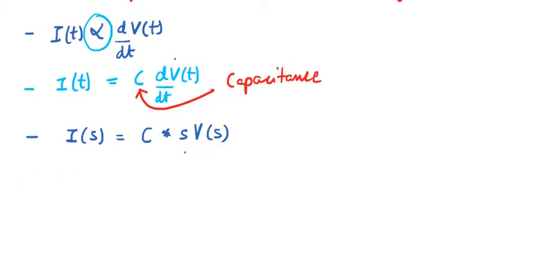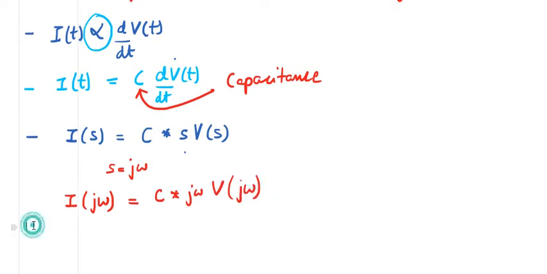Put the value of s equal to j omega. Therefore, the equation becomes I(j omega) is equal to C into j omega into V(j omega).